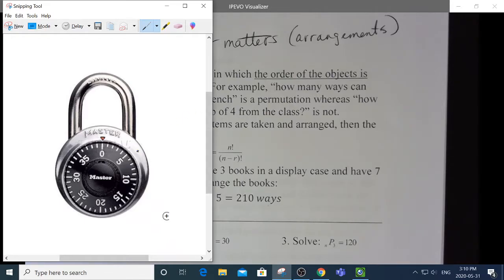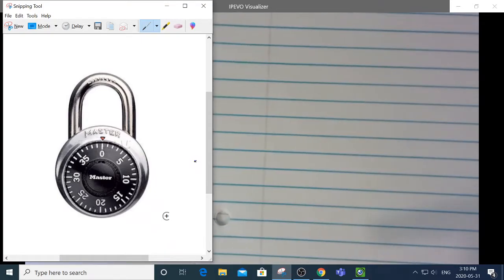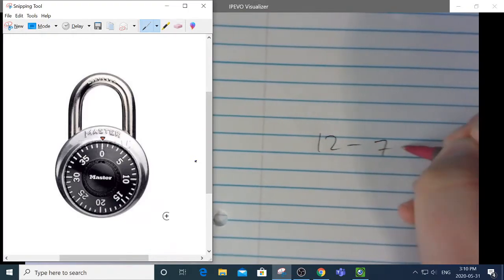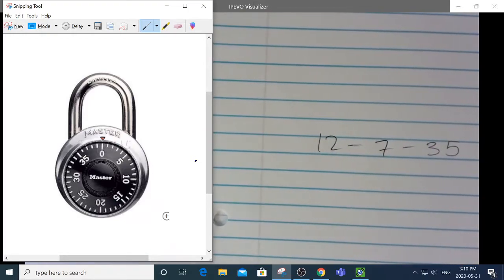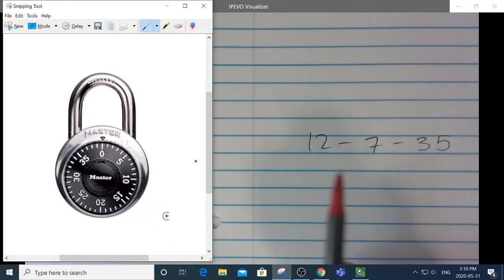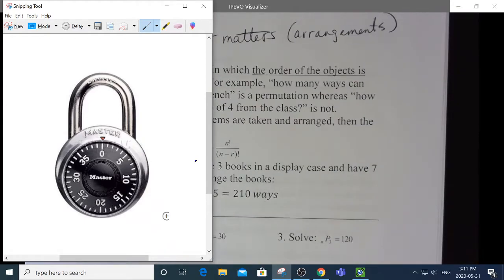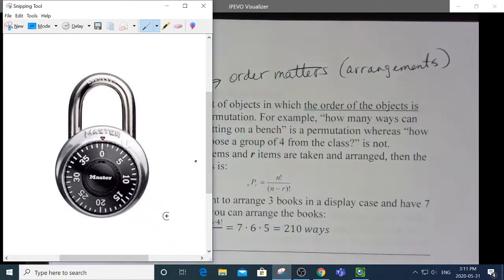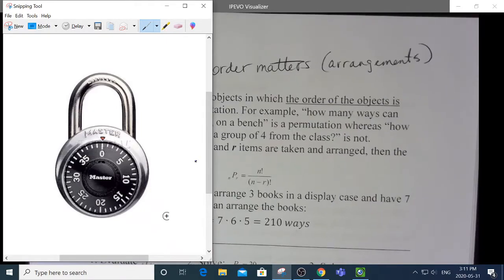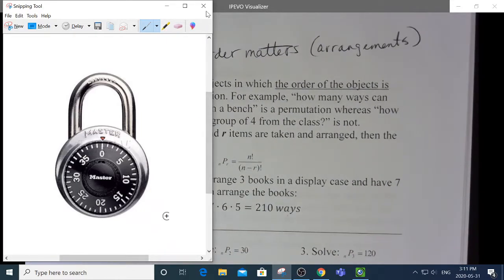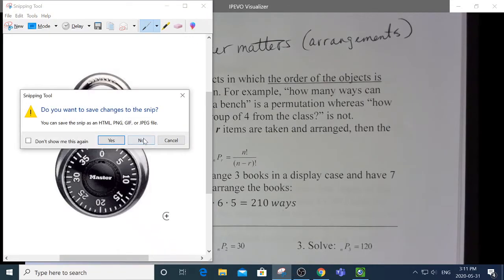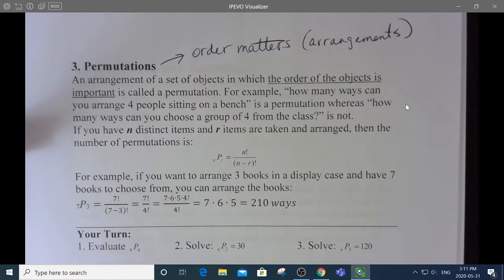Because if your combination on this thing was, say, 12, 7, 35, and you came up and did 7, 12, 35 or 35, 7, 12, would it open? No. So order matters. It should not be called a combination lock. It should be called a permutation lock. I don't know why. It's English.